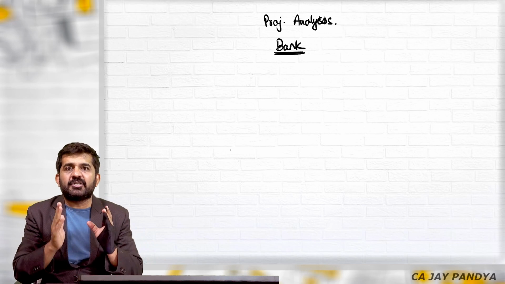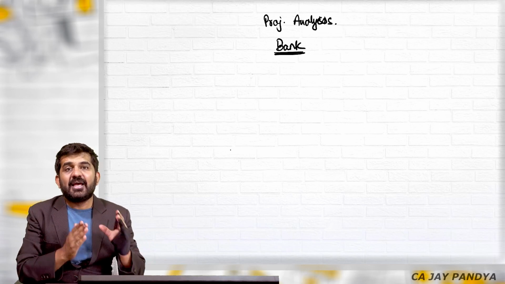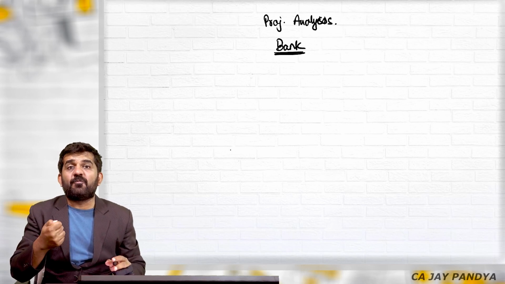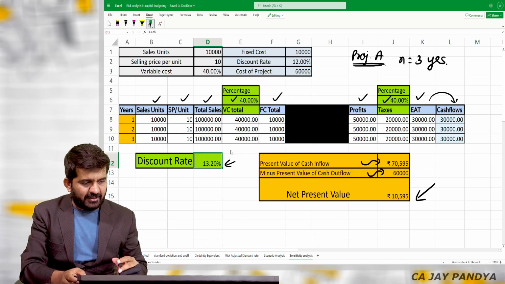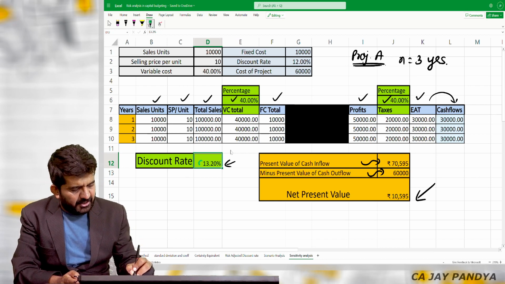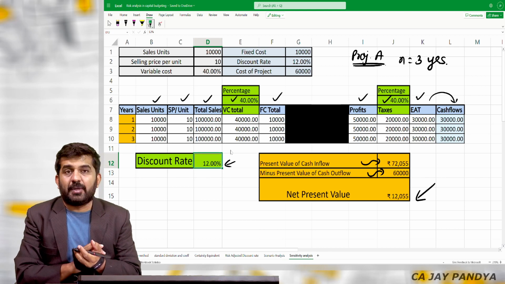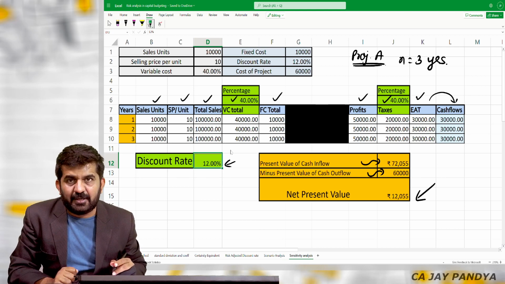They want this business to be successful so that they get their principal back as well as earn some interest. So they will be very much interested: okay, this person has presented me some data. This is the data which I have presented, and I am saying my NPV is 12,055 and hence the project is financially viable.